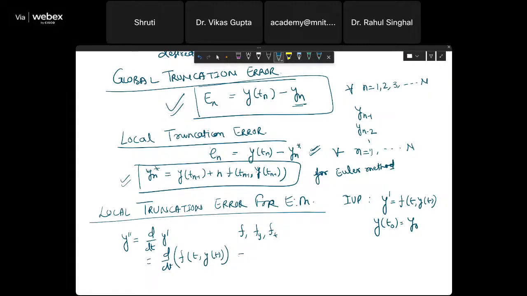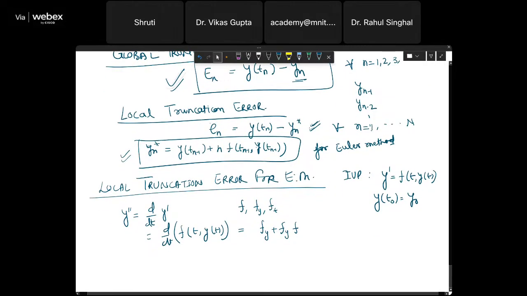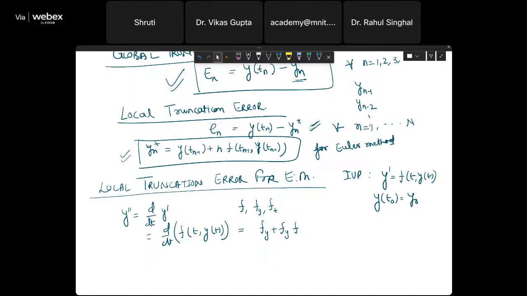Then by the chain rule it is f sub t plus f sub y times f. So by noting this, we understand that the continuity of f sub y and f sub t gives us the continuity of the second order derivative of y.